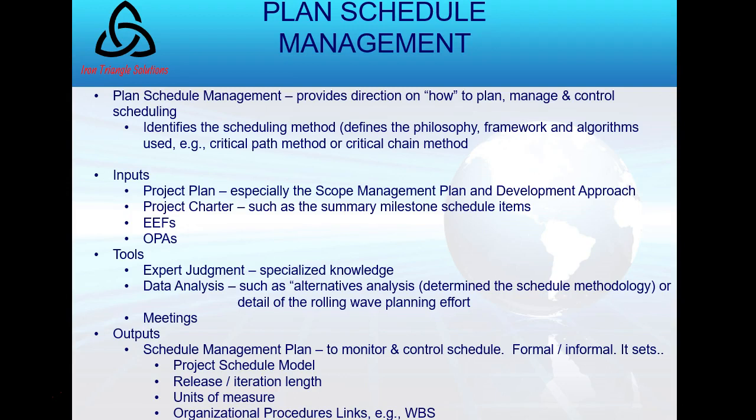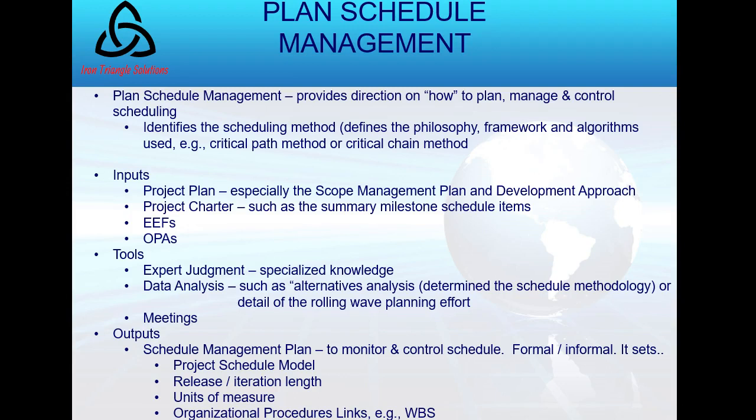My outputs are my schedule management plan. So remember, think of the process: plan schedule management. If you're taking the certification exam, the output is just move the words around. Schedule management plan. And in that, I would expect to find how I'm going to monitor and control the schedule, etc. I'm going to set the schedule model: critical path, critical chain, rolling wave, agile.